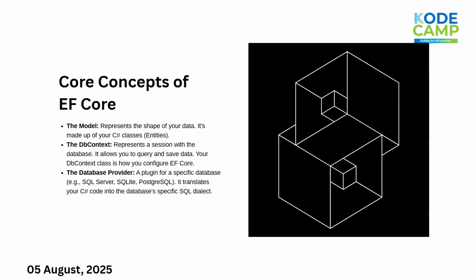ORM EF Core. But with ADO.NET, which is the manual way of writing code, let's say you started with SQL Server. SQL Server has its SQL scripting language that is different from SQLite and PostgreSQL.